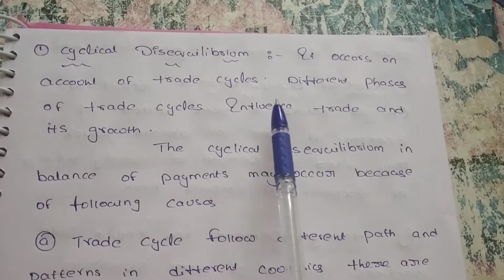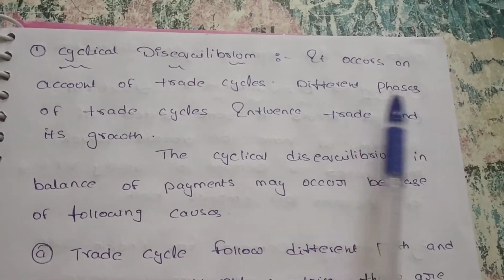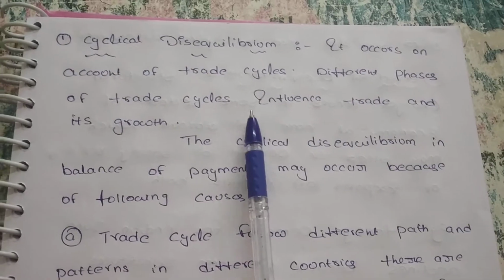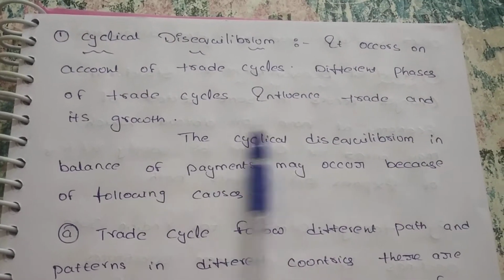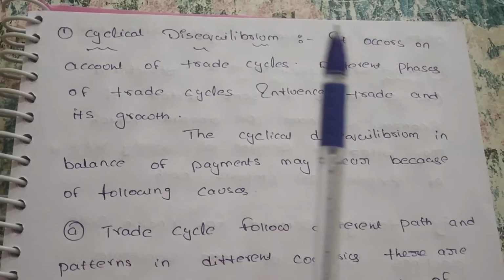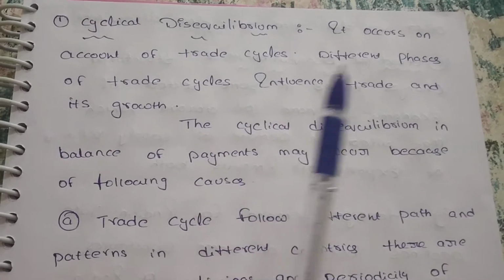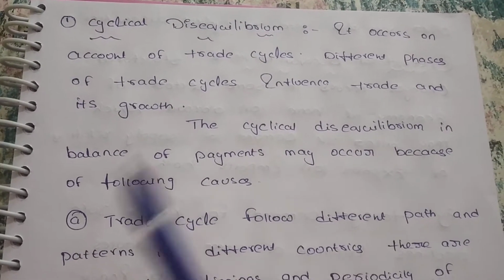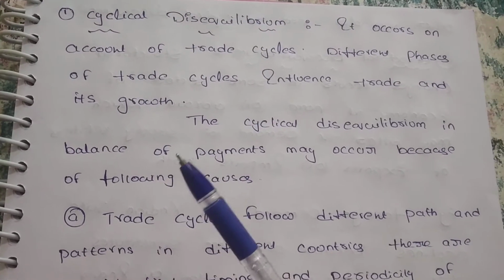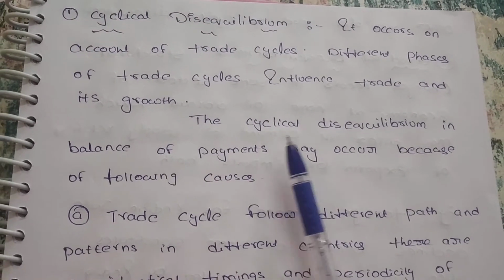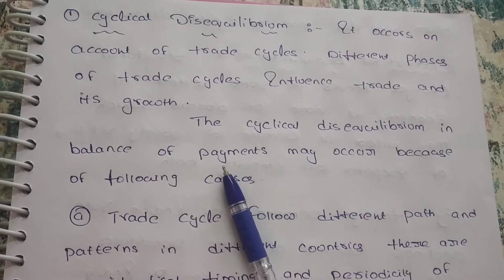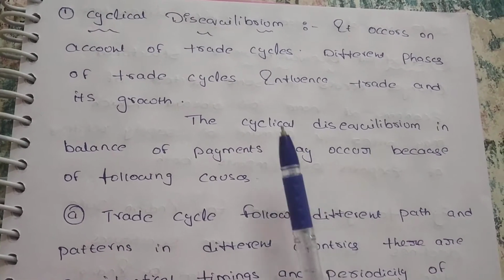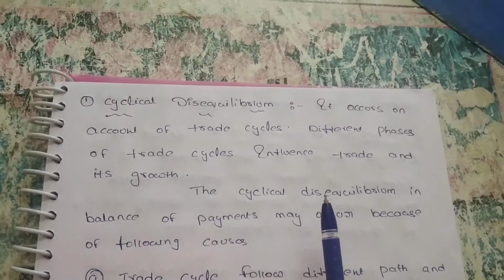So for everything there will be cycles. Different phases of different trade cycles influence trade and its growth. Every product or every company has different stages based on country, income, and resources. For example, at a particular period due to COVID, we were all facing financial problems, so at present our stage is in the declining stage.